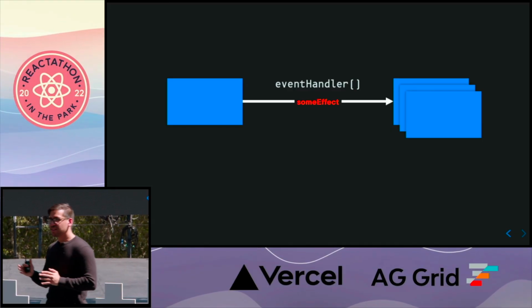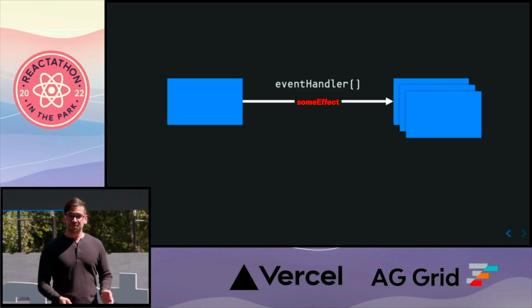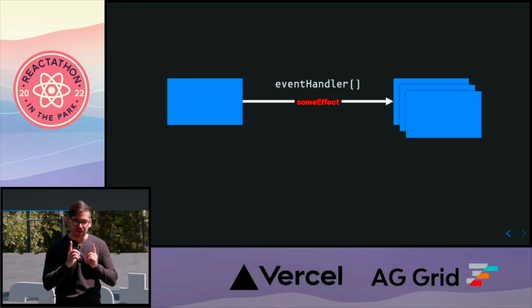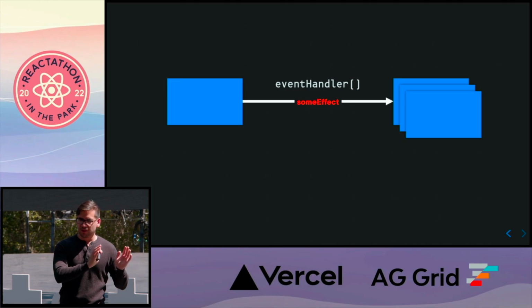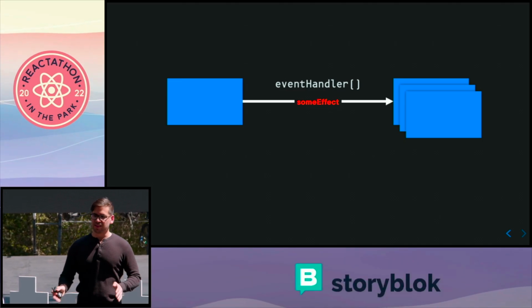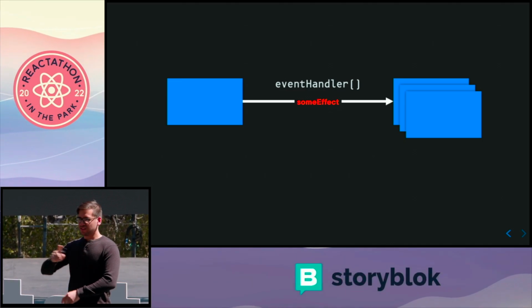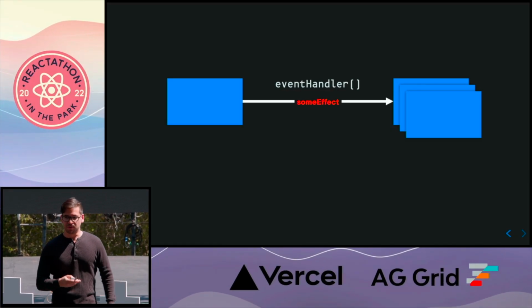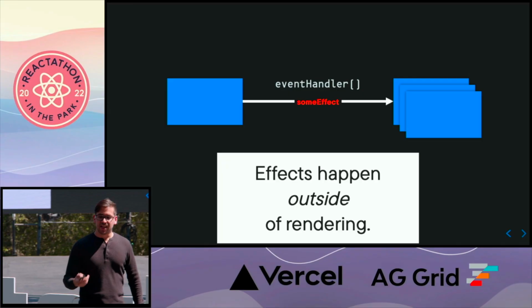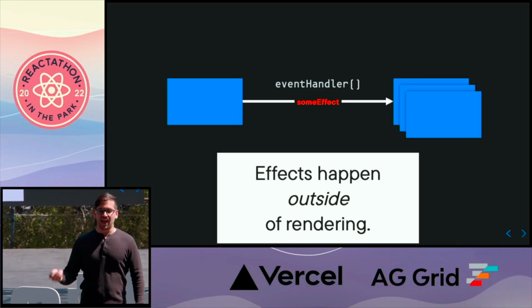It doesn't matter how many times that component is going to render, these effects are only going to happen once, because it's guaranteed in React that when you go from state to state, talking about this like a state machine, this transition will only happen once, but rendering might happen multiple times. So effects happen outside of rendering.